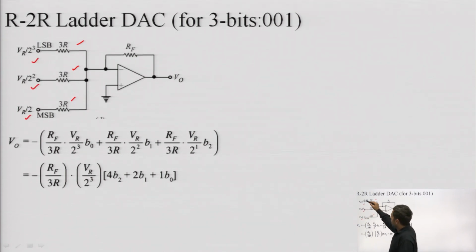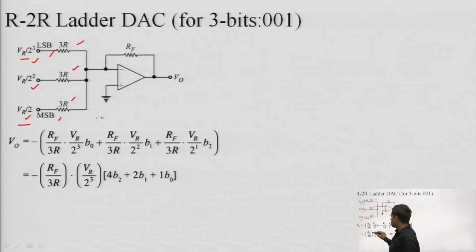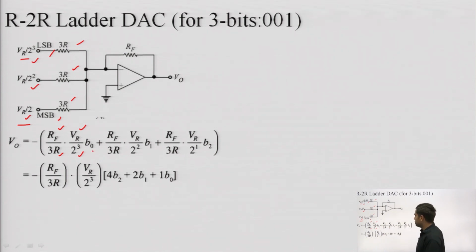As we can see, this is the least voltage and this is the highest voltage. So that's why they are being marked as MSB and LSB. Again we can write the same expression as we have done in the weighted resistor case. So 3 branches are there. For the first branch it will be RF by 3R into VR by 2 cube, which is the input voltage, multiplied by the bit position B0 for the LSB branch.